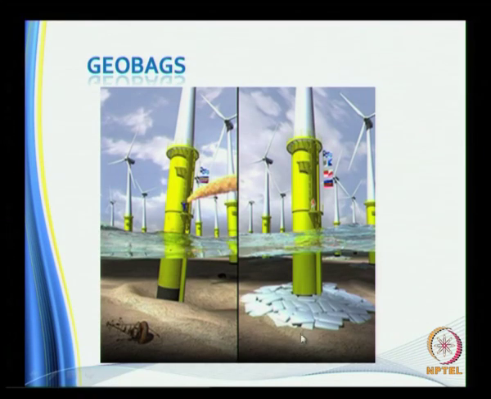This is an application of geobags, offshore wind plants, wind energy plants, which is gaining tremendous importance these days. So when you go in for a wind farm, this is one important area where we need a lot of information. Scour protection forms a basic necessity.